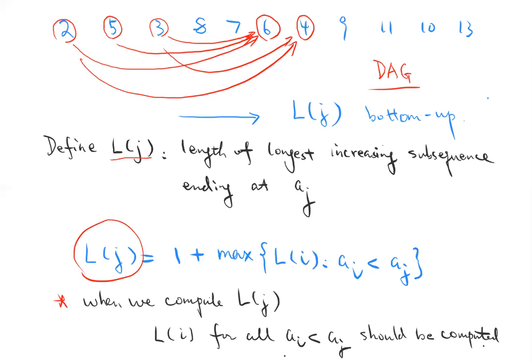So in terms of DAG, what do we compute for this DAG? What problem do we solve for this red DAG? If we use the same recurrence to solve the problem for this DAG, what does Lj mean for this red DAG? What's the meaning of this one? Do you see it?